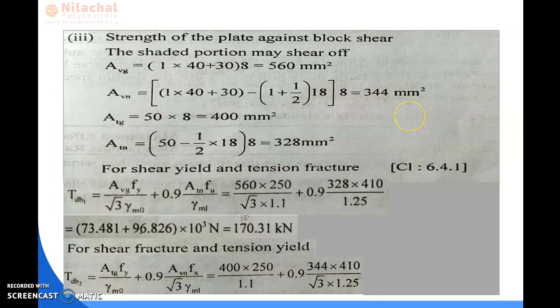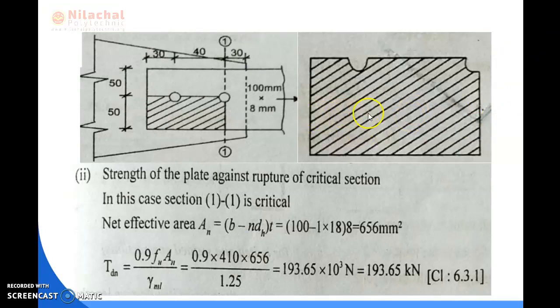So the formula will be: the width of the plate along the V line minus the number of bolt holes along the V line into the diameter of the bolt hole, the whole multiplied into the thickness of the plate section. So here, to calculate the number of bolt holes, we need to check how many bolts are cutting out in the block shear portion.